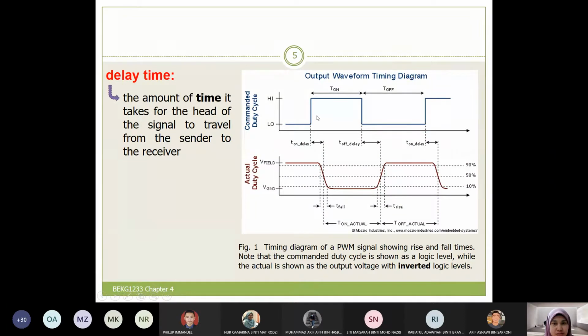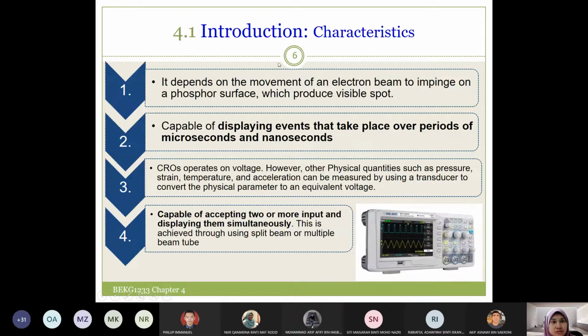Okay, this is fall time and rise time, delay time. Okay, this is characteristic of oscilloscope. It depends on the movement of an electron beam to impinge on a phosphor surface which produces a visible spot. The screen is phosphor surface.